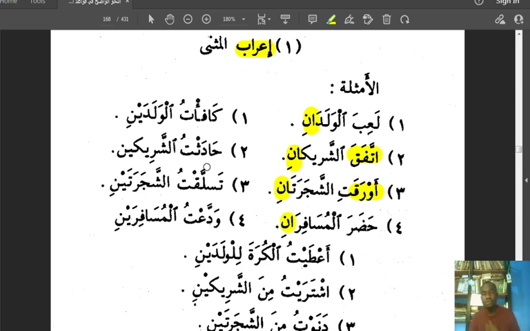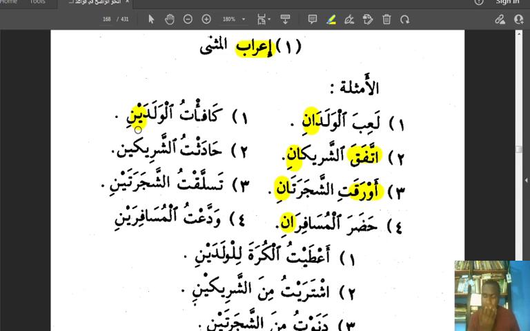So we are going to look at the second batch, where the nouns are all in the accusative form. Okay, so we have kafa'atul waladaini. So you take notice of the yai and nun. Kafa'atu al waladaini, meaning I rewarded the two boys.